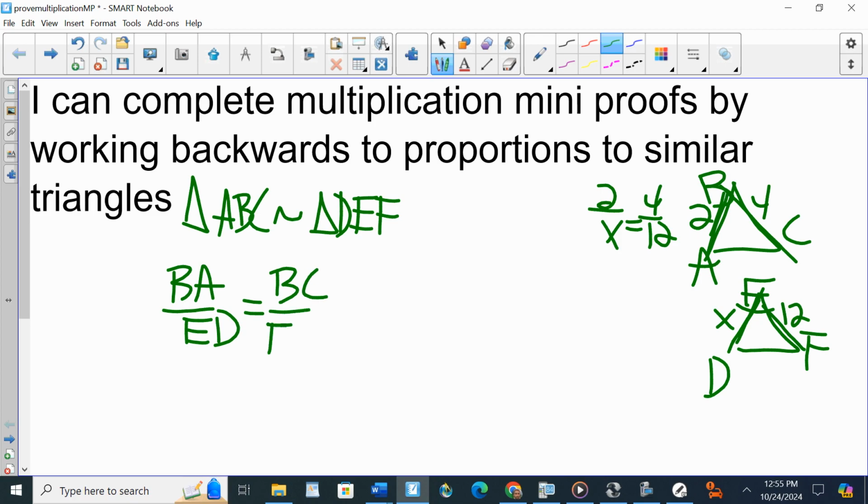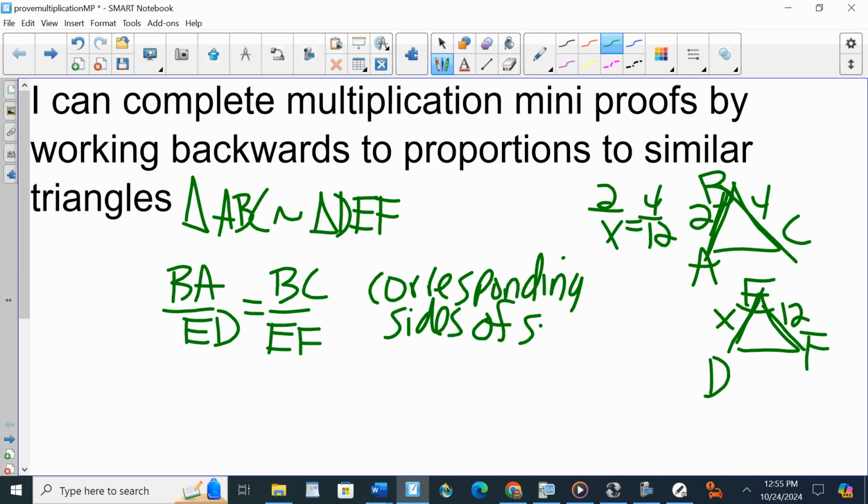And the reason I can do that, well, the triangles are similar. And if triangles are similar, then the corresponding sides of similar triangles are in proportion. That's why I do that.